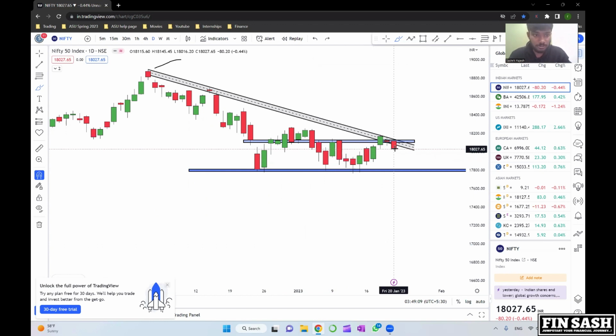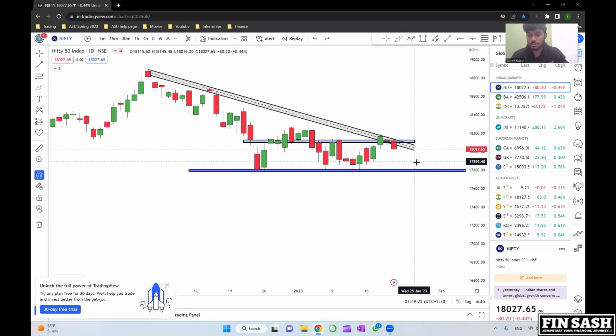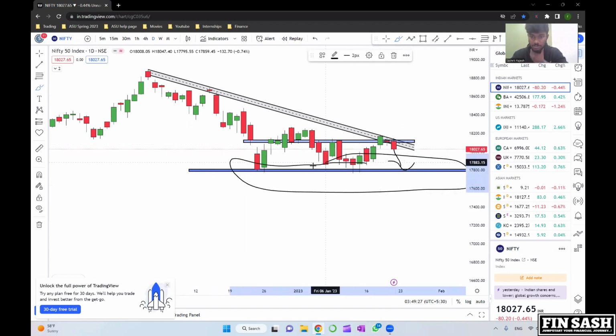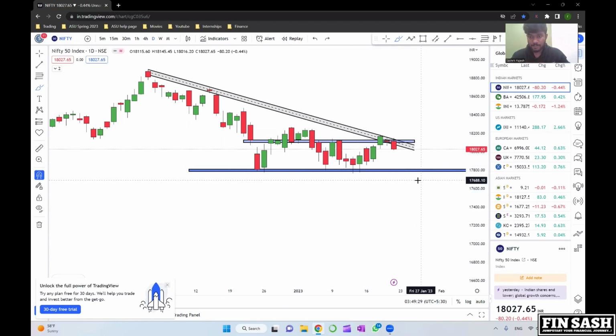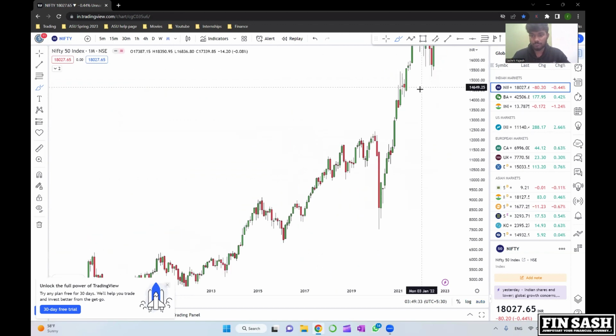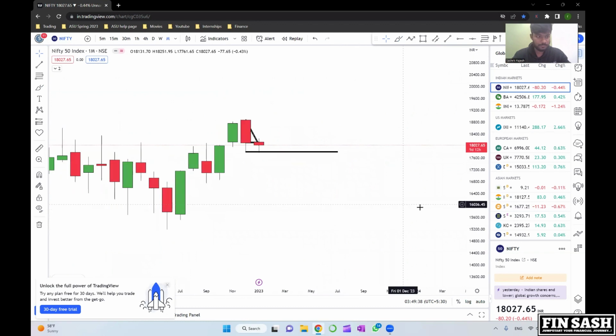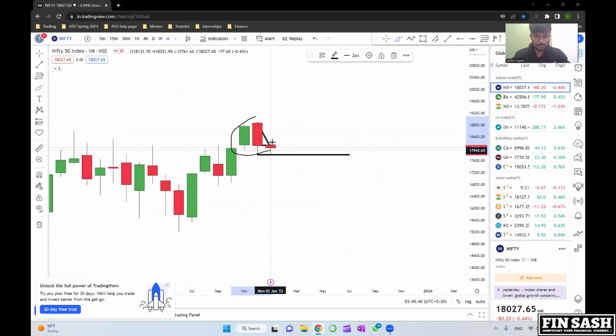So for the next week, I'm expecting a downtrend in Nifty as long as it takes support from this trend line. But I think it is seeing this candle. So the next move for Nifty might be towards this support, right? And if you see Nifty in a higher time frame, like a 1 month time frame, it created a bearish pattern, right?